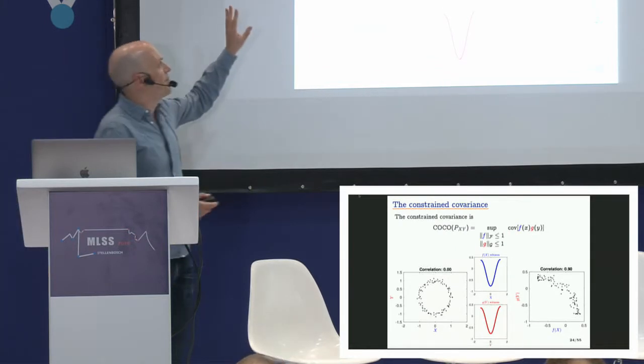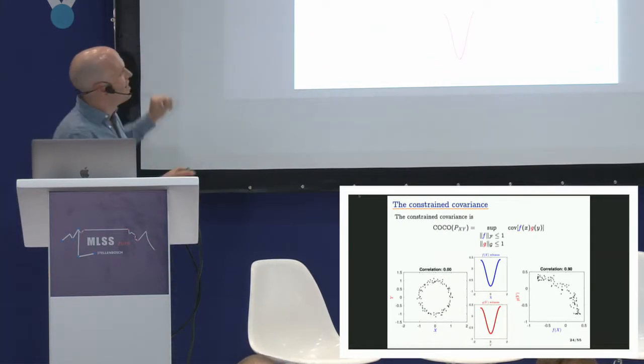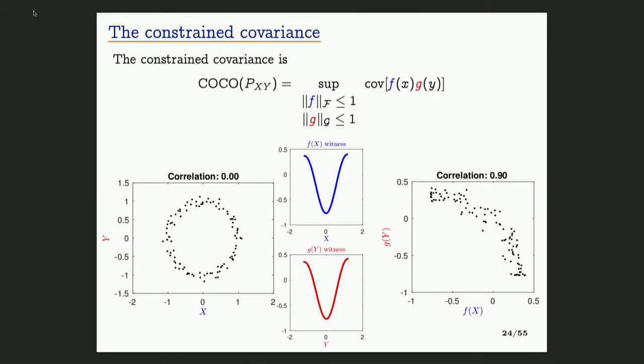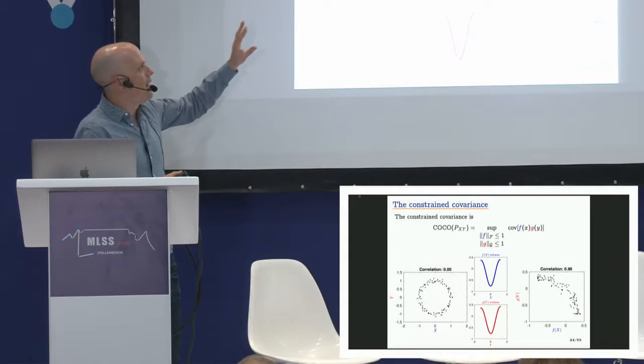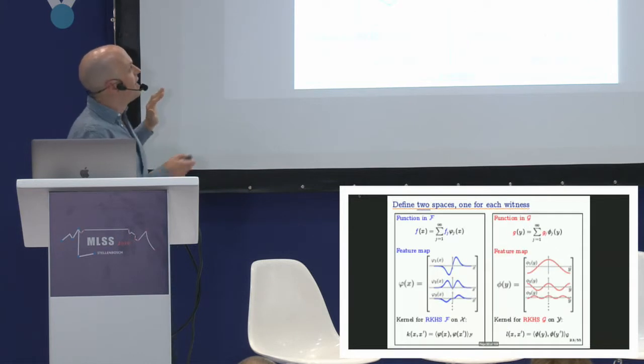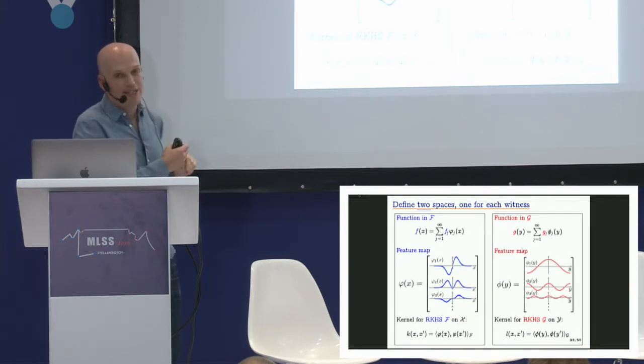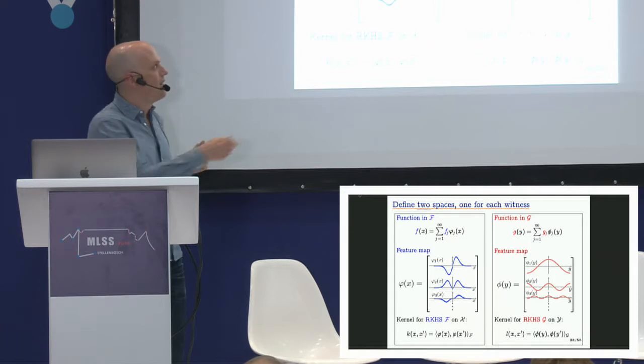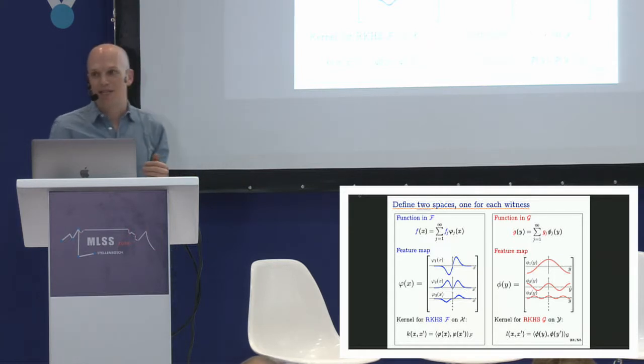Now I'm going to define something called the COCO, the constraint covariance, where I'm saying that I want to maximize the covariance between f of x and g of y, subject to these functions being smooth. So my f should be in the unit ball, the g should be in the unit ball. What does that unit ball constraint mean? It means that the sum of the fj squareds has to be less than or equal to 1. The sum of the gj squareds has to be less than or equal to 1.